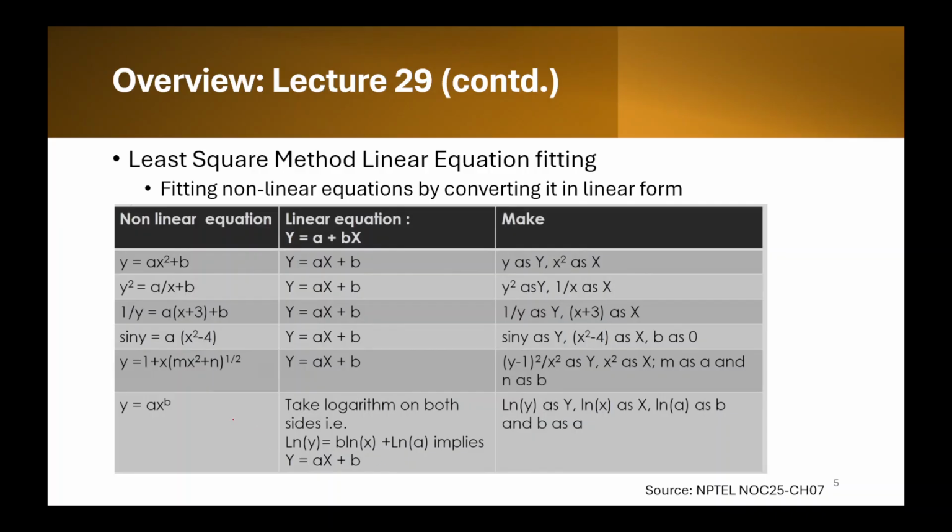So b will be your slope and ln a will be your intercept, and then a will be the exponential of the intercept, basically, and b is the slope. And you can convert these other functions as well using these relations.